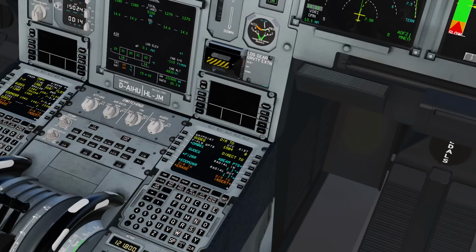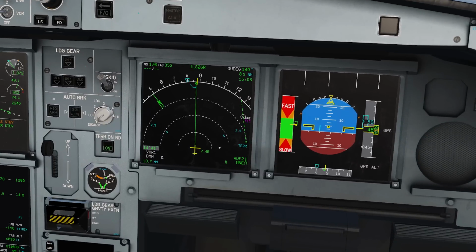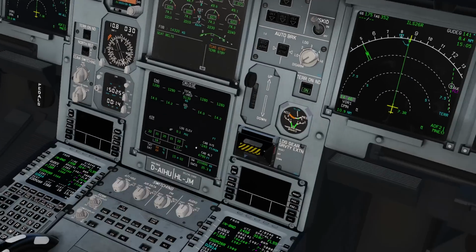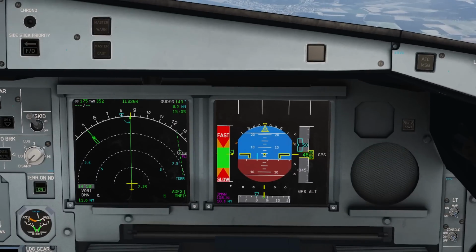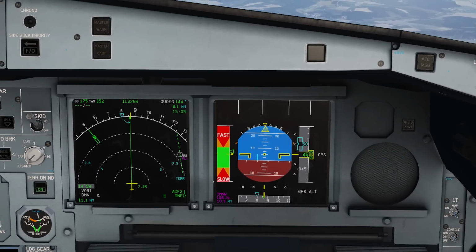So direct to, radial in, 080. Okay, flies. Alright, and that is our approach. We are receiving the items. Very good.